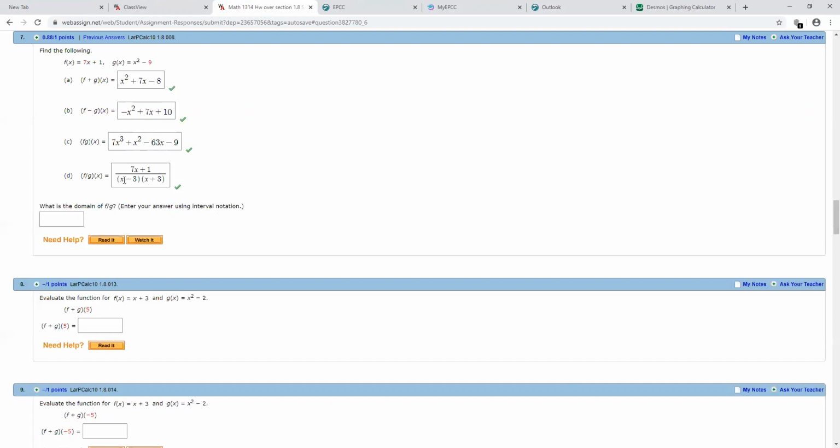So why do you think I wanted us to factor this now, Griselda? So we could get the answers in interval notation. There you go. How many parentheses do we have here, or factors that have an x in it this time? Not one, but how many? 2. So then there's going to be how many places where we're going to get a division by 0?